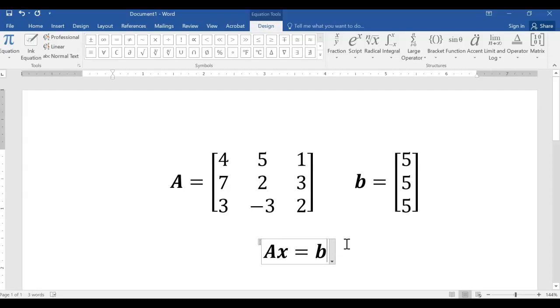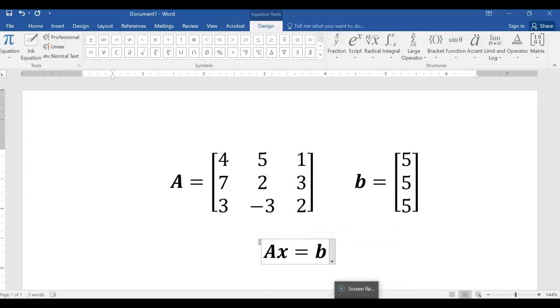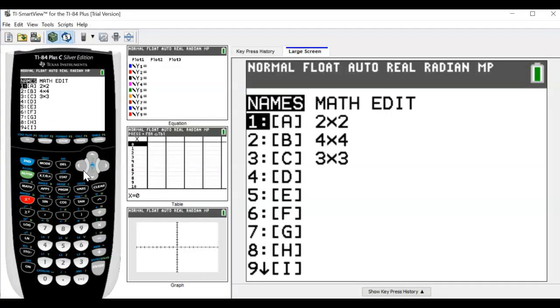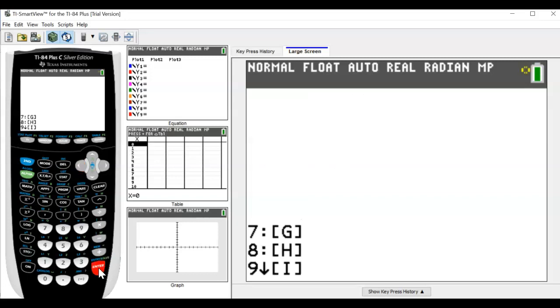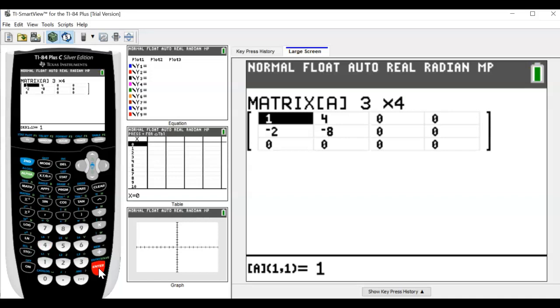And we can do that obviously using our calculators, using however you'd like to go about that. I'm going to turn to my calculator. We go in the matrix menu, like we always do, go to edit. The matrix that I'm going to put in is going to be 3 by 4 because I am going to put in the augmented matrix that's associated with that matrix equation.